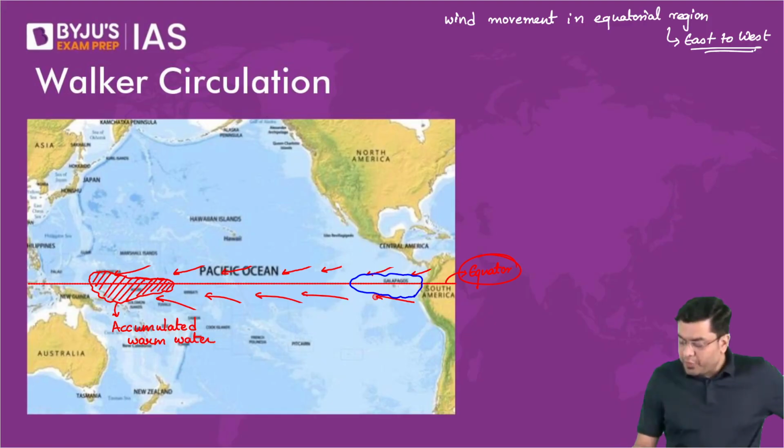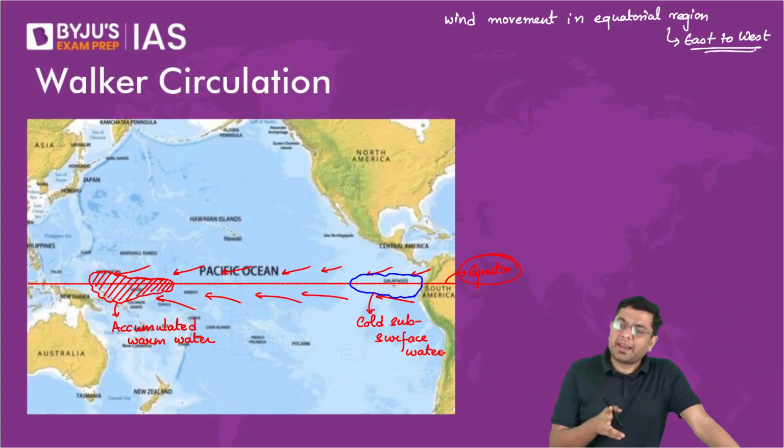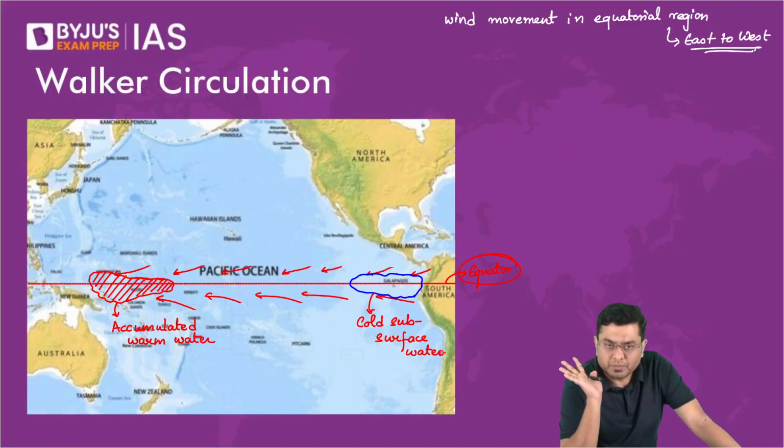Here let's suppose you have cold subsurface water. So there can be a creation of a thermal pressure zone here where you have accumulated warm water and a colder water. There can be a thermal pressure zone created.